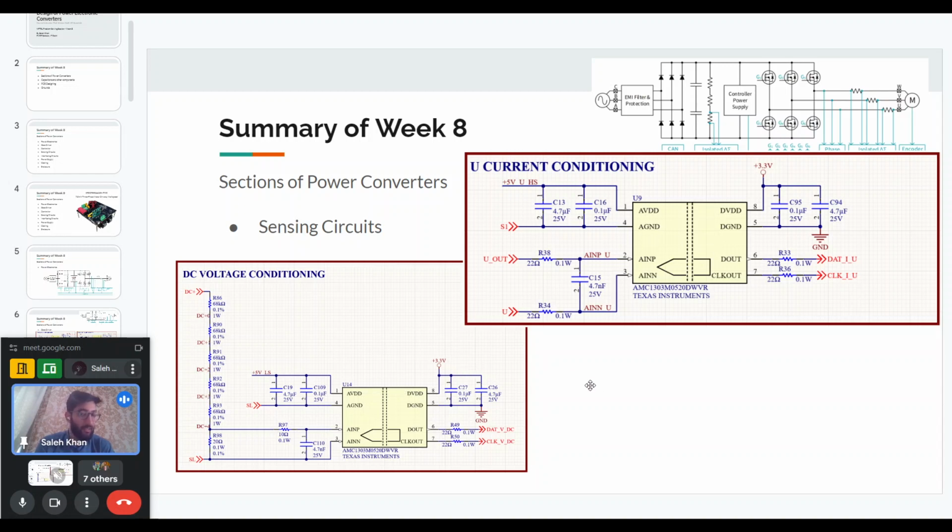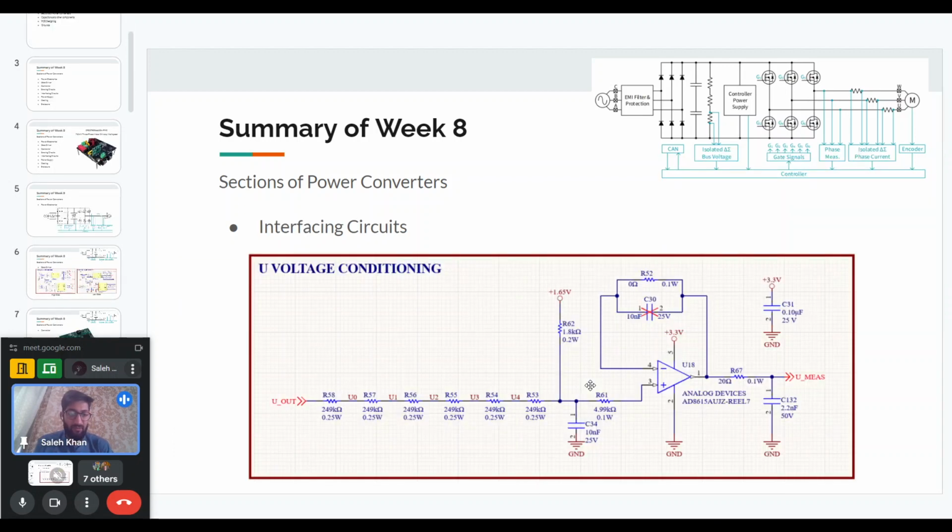So isolated sensing provides better noise immunity, and as I mentioned, in case of some faults or overcurrent and over voltage, this isolation actually helps. So sensing circuits also form another aspect of your power converters. Then we have interfacing circuits.